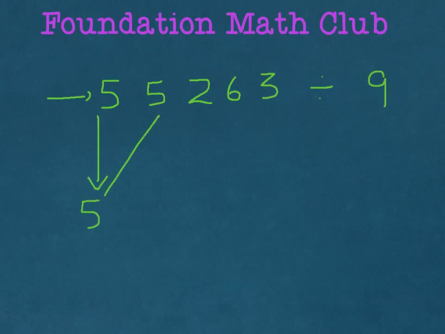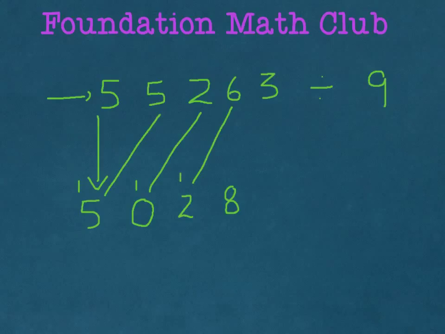Now 5 plus 5 we know is 10, writing 0, carry over 1 to the number on the left, just above 5. Now 10 plus 2 is 12, writing 2, carry over 1 just above 0. 12 plus 6 is 18, writing 8, carry over 1 just above 2.